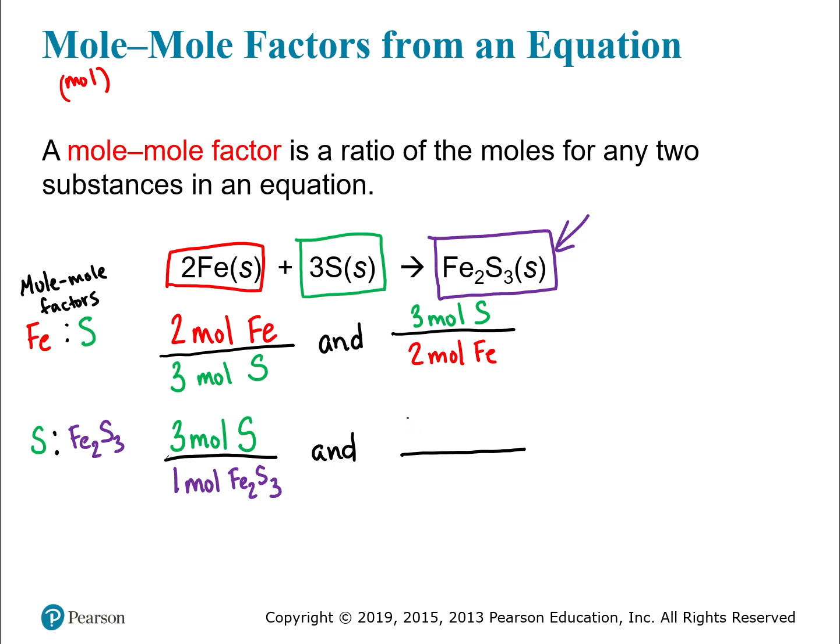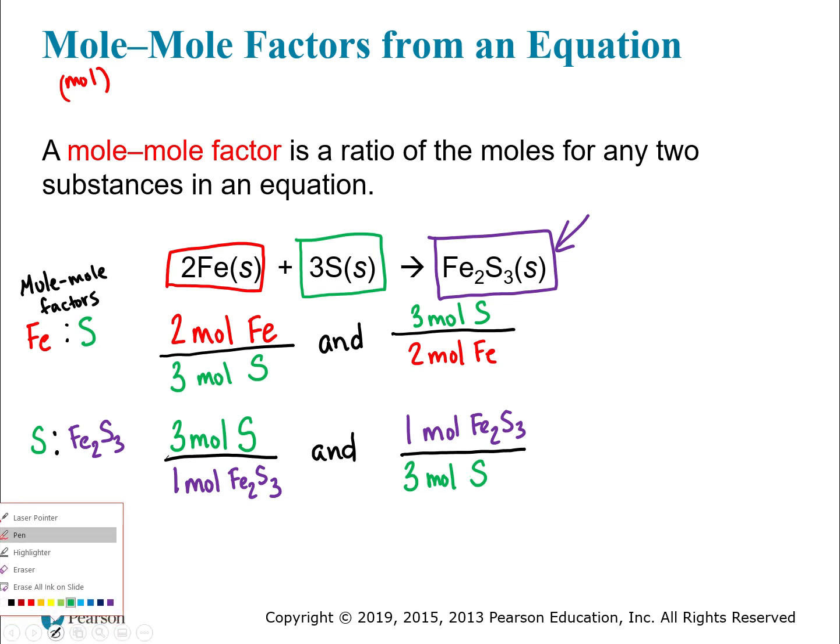The other way we can represent that is if you make 1 mole of iron 3 sulfide, that means that you started with 3 moles of sulfur. I want to take a minute and I want you guys to try writing out the last set of mole-mole factors.